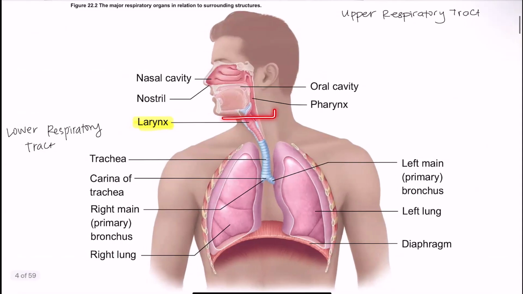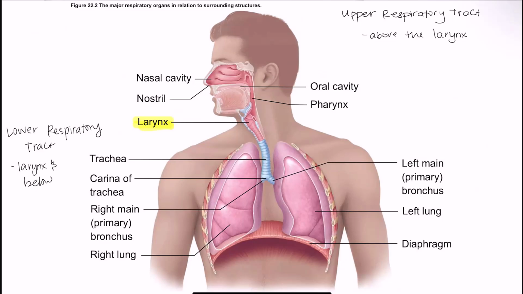So everything that's above. So upper respiratory tract is above the larynx. And then below the larynx and below, that constitutes the lower respiratory tract. So larynx and below.